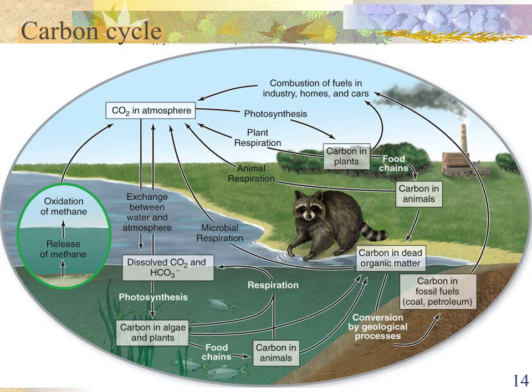Some of these nutrient cycles are well known to us, and we talk about them a lot, even in the general press. The carbon cycle is one that gets a lot of importance now because we're changing the carbon cycle. CO2 is carbon dioxide, and that's always in our atmosphere.